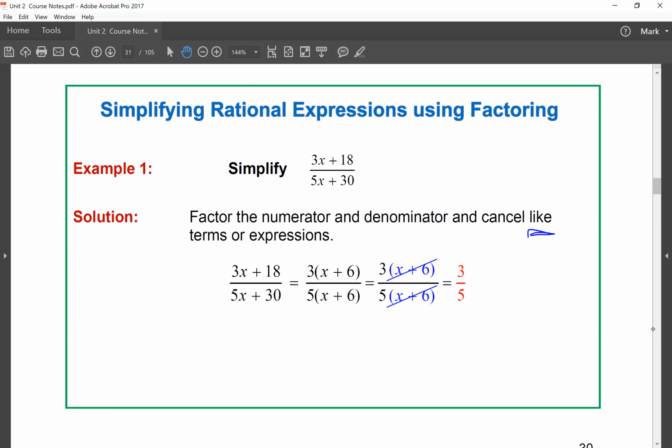This topic continues into topics 16, 17, 18. We're going to be dealing with rational expressions for at least another week. When you hear me say like terms, these are numbers or expressions that are the exact same, on the top and on the bottom. So this crazy looking fraction can be simplified to 3/5.